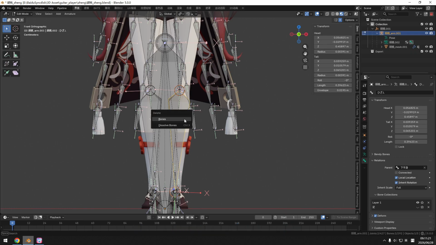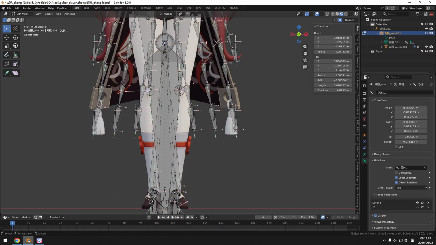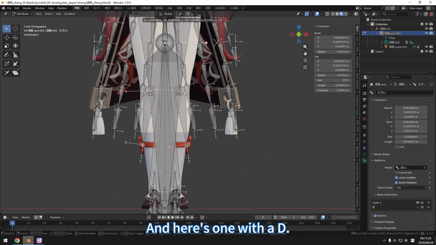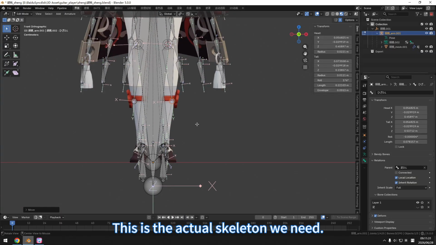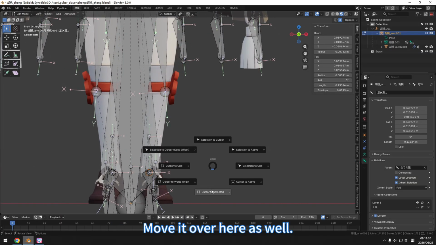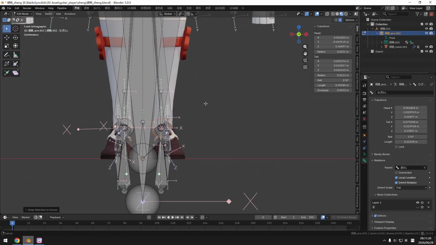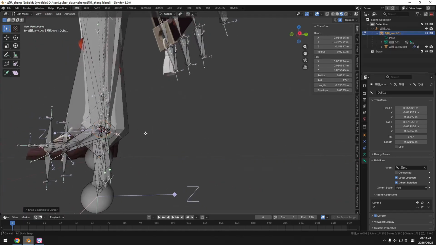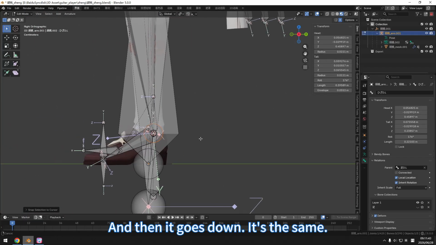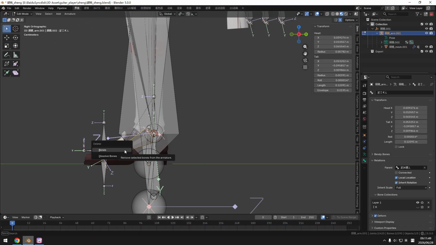This calf skeleton without feet, we also delete it. And here's one with a D. This is the actual skeleton we need. Move it over here as well. And then it goes down. It's the same. This IK bone can actually be used without.